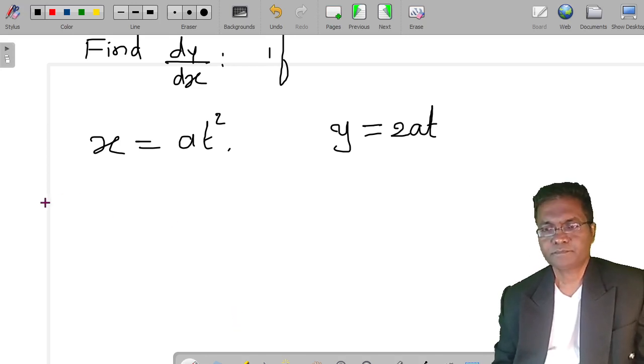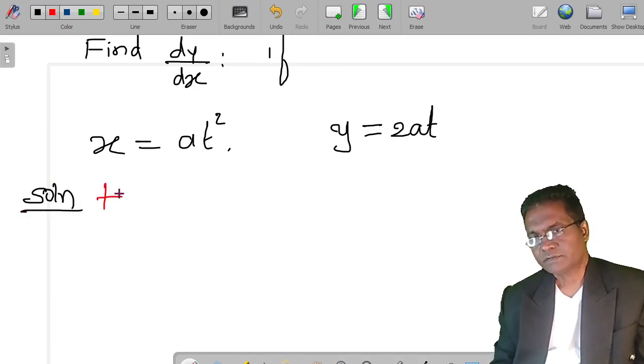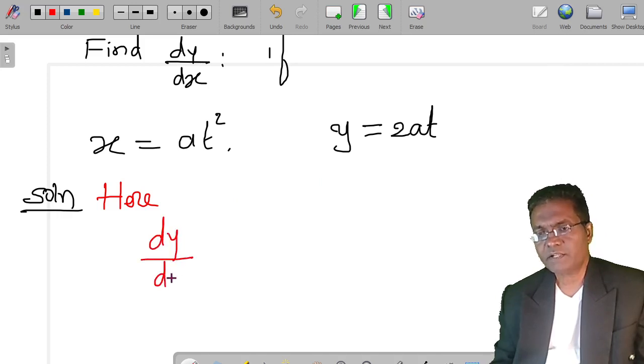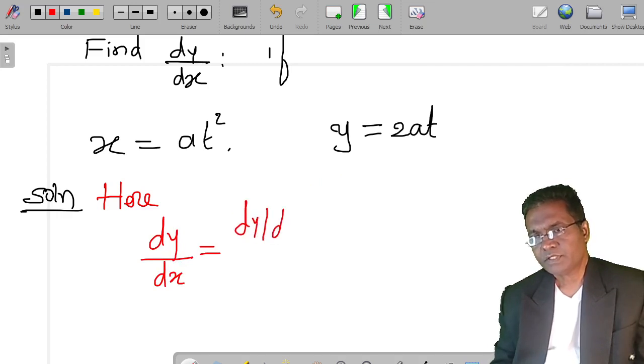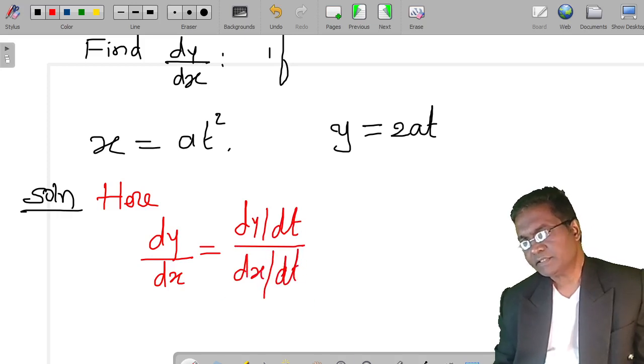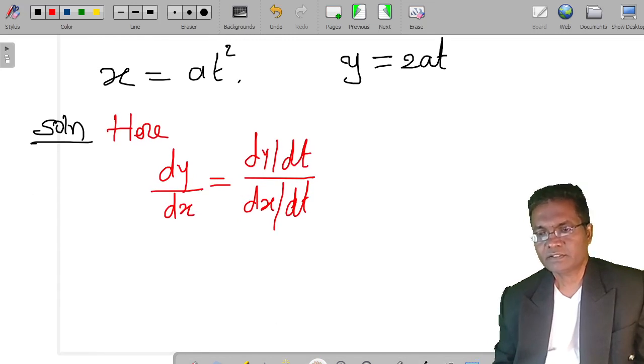Okay, so in this case, here x and y are in terms of t. So therefore, first write dy by dx is equal to dy by dt by dx by dt. Okay, now you have to find the derivatives and substitute here.